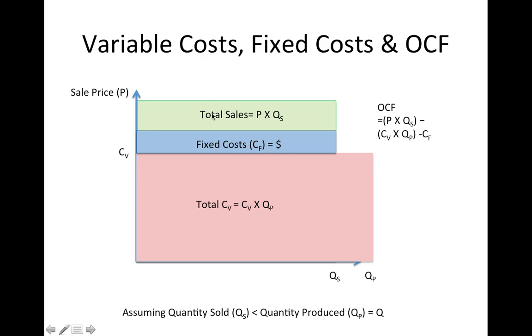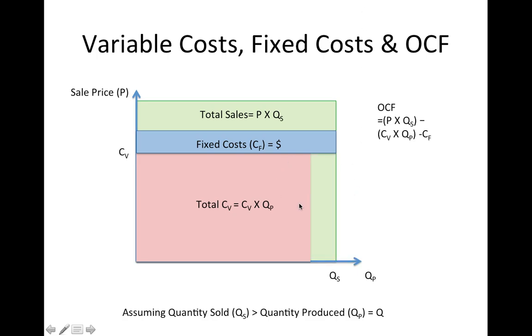That also has to be deducted off of the gross margin to get to operating cash flows. And so by virtue of that, I may have negative cash flows. So even though my per unit costs were in line, because I have a mismatch between the quantity I produced and the quantity I sold, I could have negative cash flows.